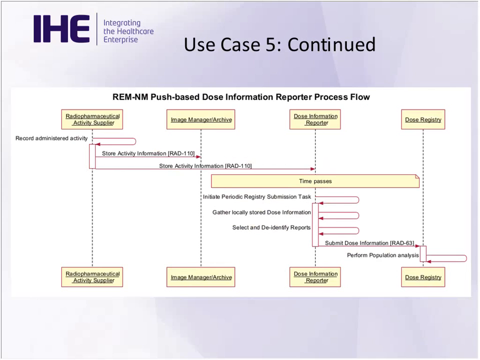And then you can see time passes, and a lot of the same tasks are done by the dose information reporter, where it de-identifies and gathers, and then pushes a group of reports out to a dose registry at a later date or when it's scheduled to do that. So the change here is that the RAS is pushing not just to the image manager archive, but also to the dose information reporter.